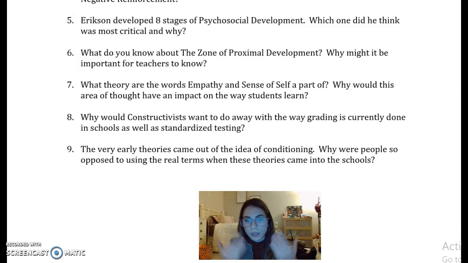But when the scaffolding, that help, comes away, they do a natural regression. This is important for teachers to help a learner grow. They might not master it completely, but they will be better off than where they previously were, and it helps them become independent in their learning.